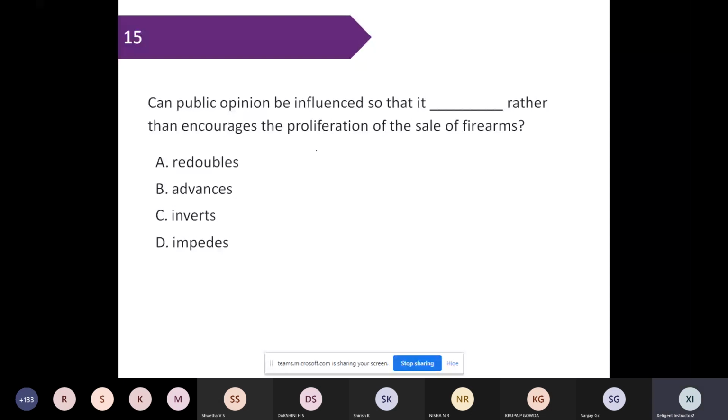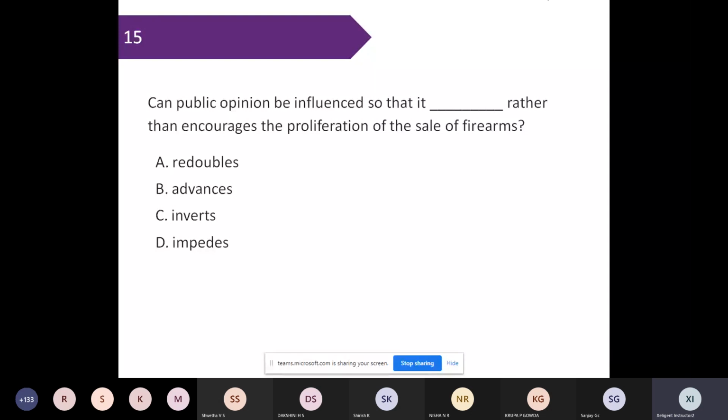Yeah, you can have prevent as your guess word. You need a negative word, so we can't go for protect because that's a positive word. You can take discourage or prevent like that, because we have rather as the keyword, and this is an example of cause and effect sentence.